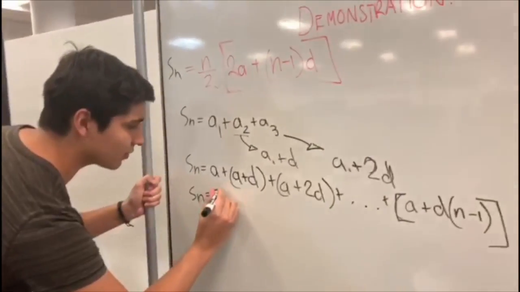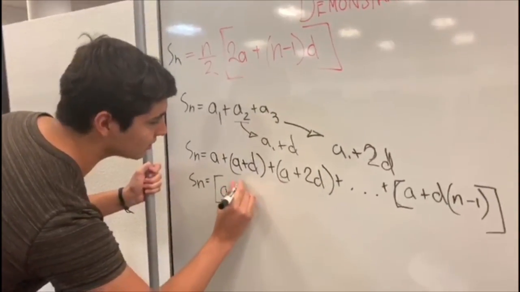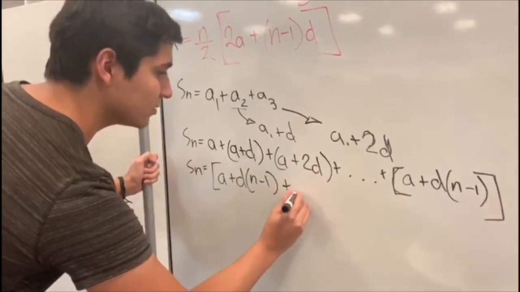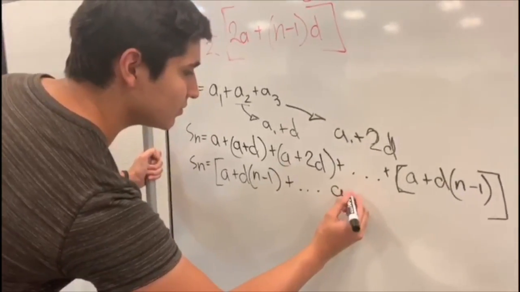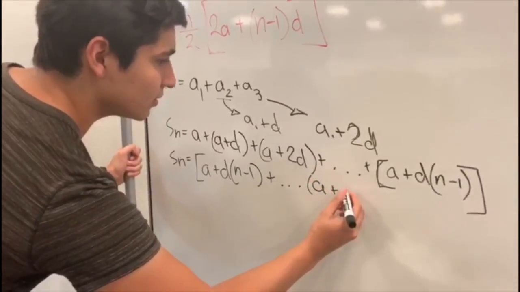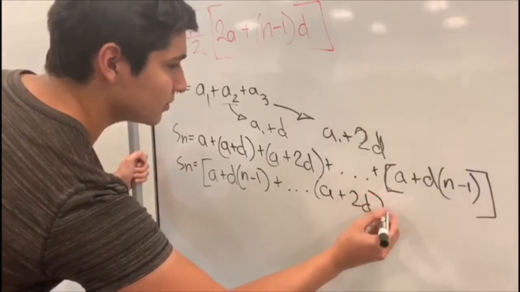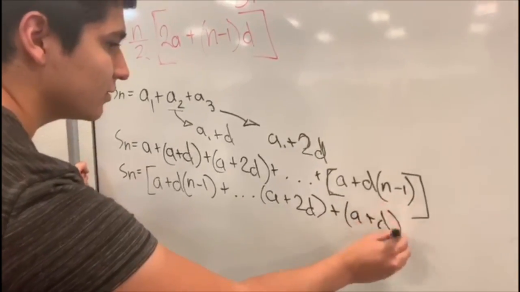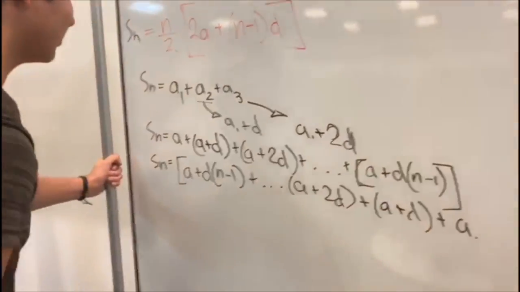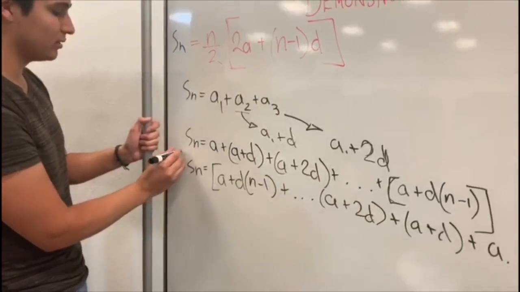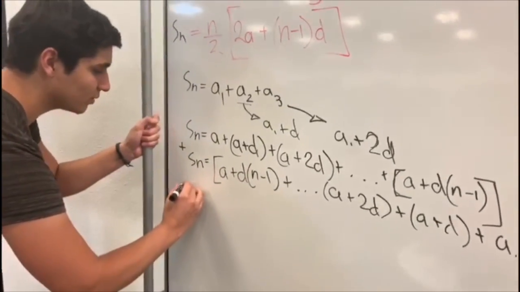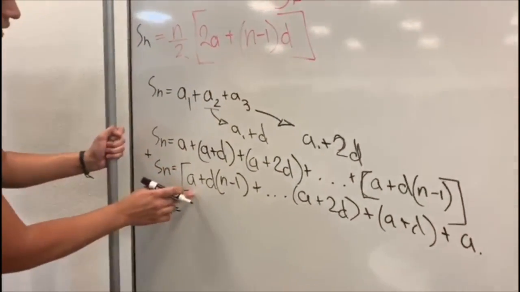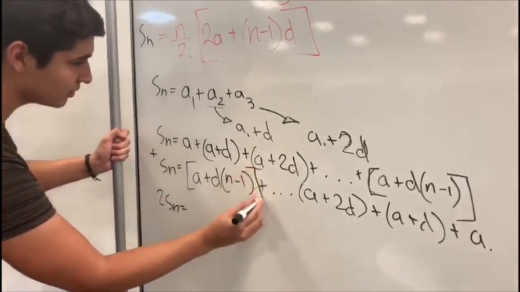So we're going to start from the end. It will be A plus d times n minus 1, plus A plus 2d, plus A plus d, plus A.